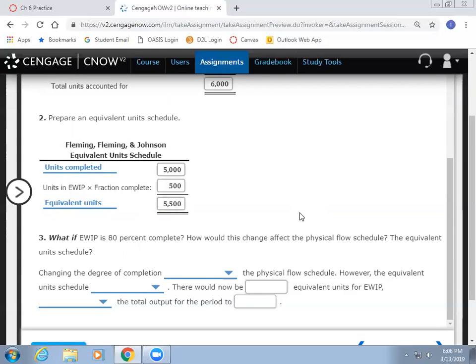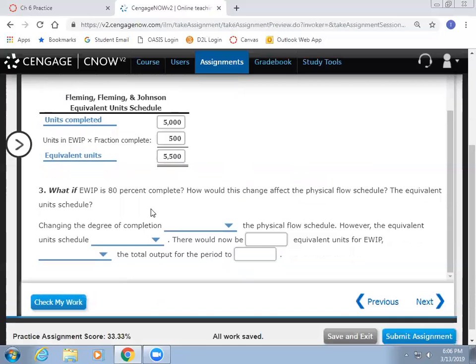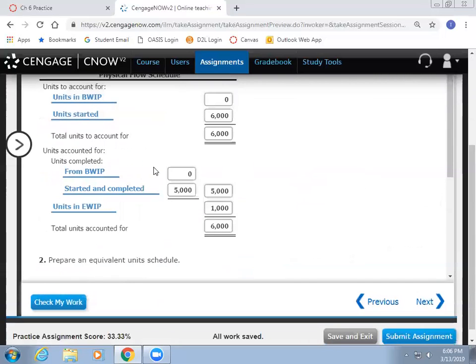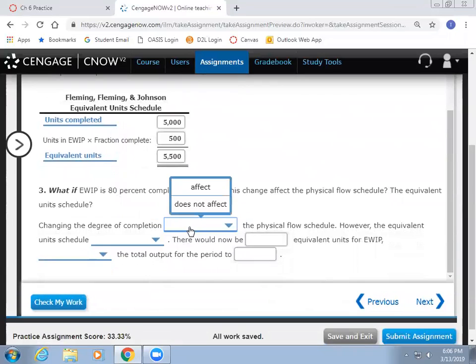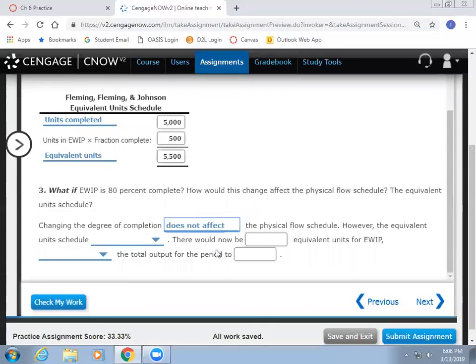Okay. So it says, what if the ending work in process is 80% complete? How would that affect our physical flow and the equivalent units? So changing the degree of completion, does that affect my physical flow? No, it does not affect the physical flow.